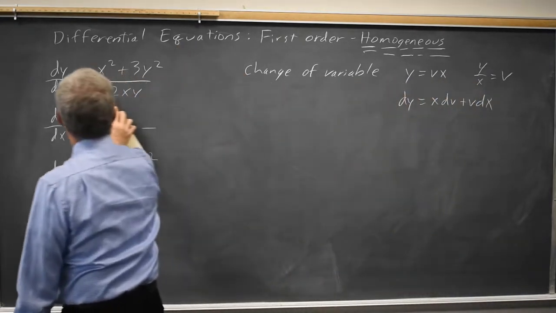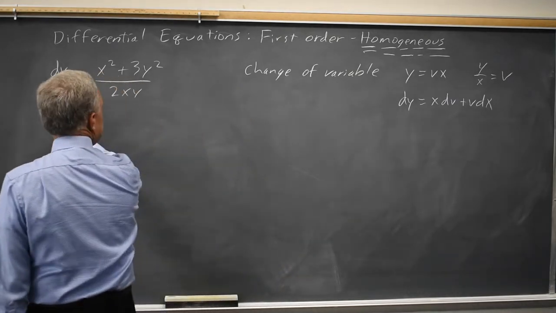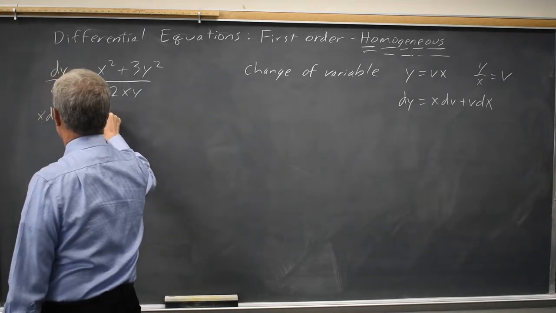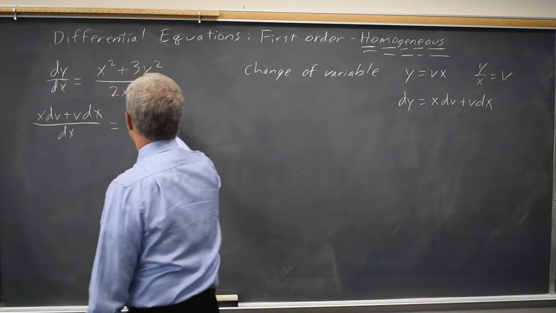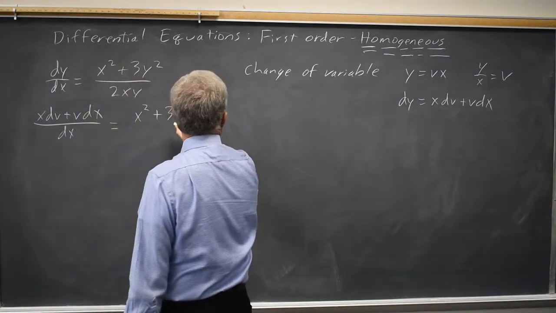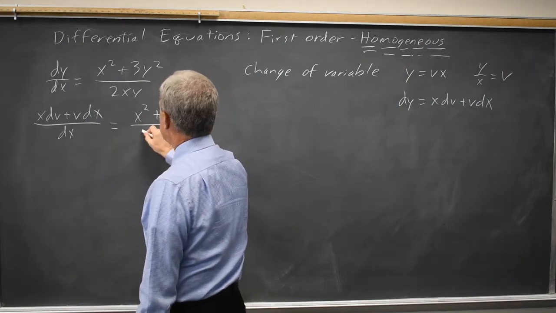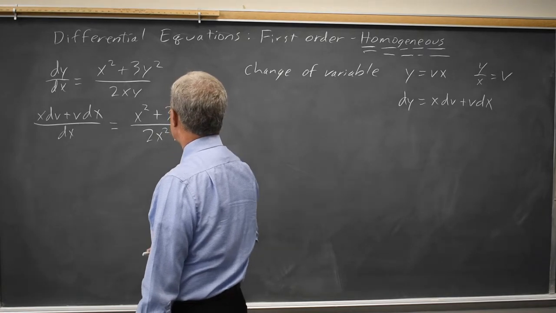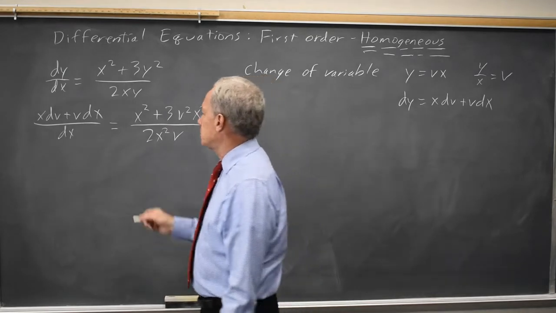So, going back to the original equation, dy is x dv plus v dx, and that's over dx, equals x squared plus 3 vx times v squared x squared over 2xy, which is 2x times vx, is 2x squared v. We notice that the numerator has a common factor of x squared.